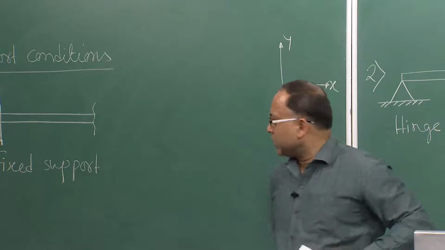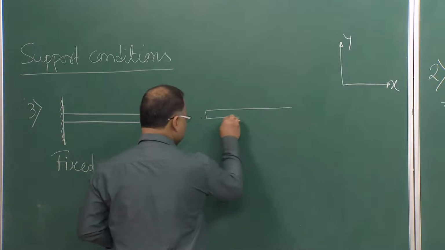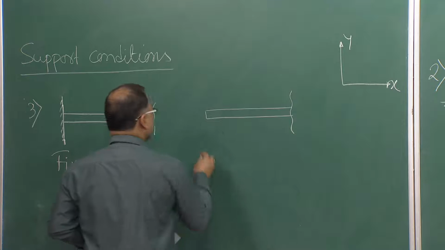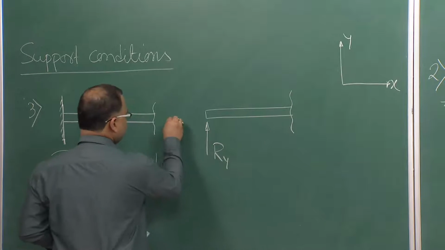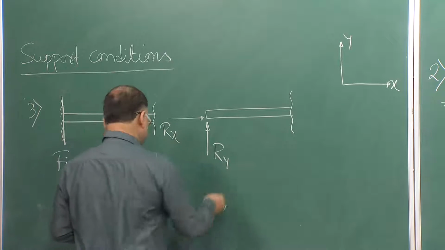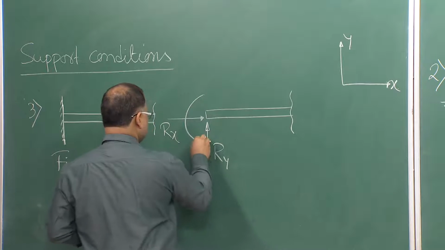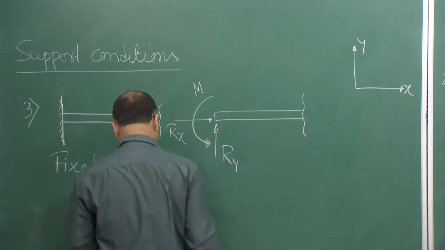Okay. So, if I want to draw the free body diagram as per our discussion, I will get a vertical reaction, a horizontal reaction, and I should get the moment reaction.